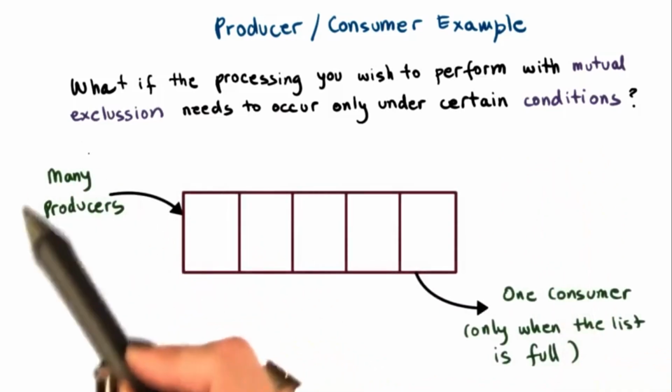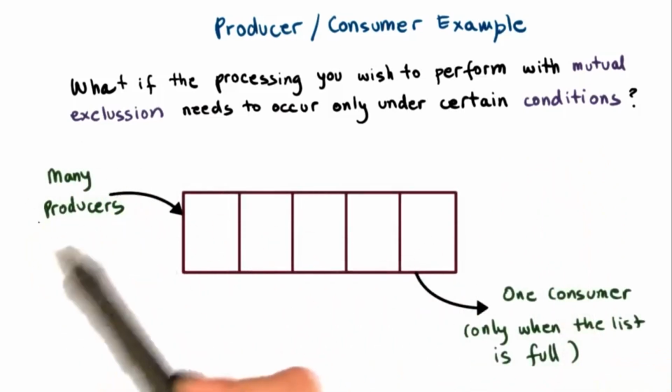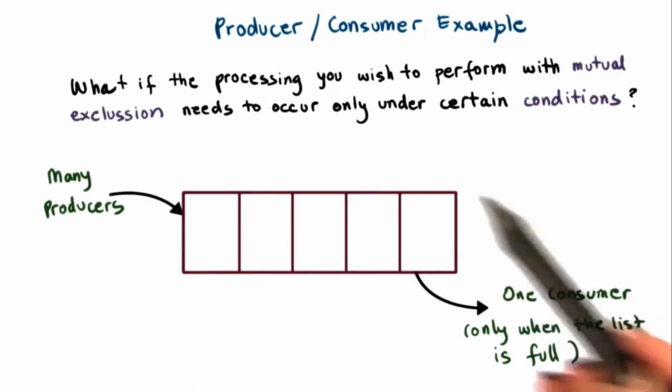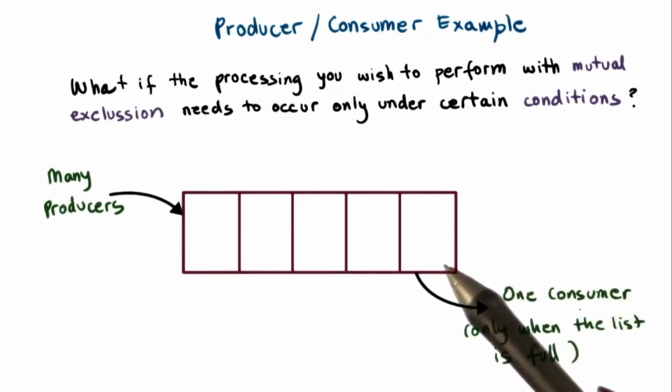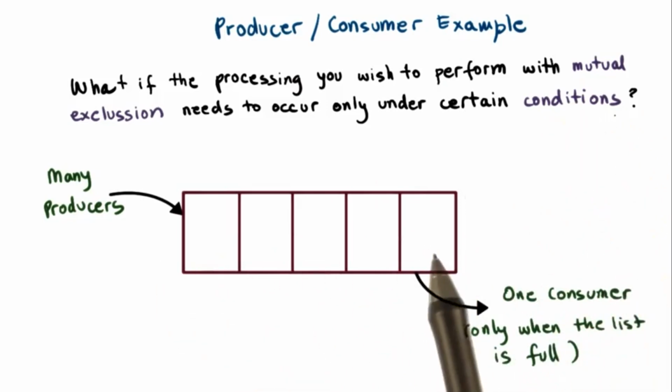For instance, what if we have a number of threads that are inserting data into a list? These are producers of list items. And then we have one special consumer thread that has to print out and then clear the contents of this list once it reaches a limit, once, for instance, it is full. We'd like to make sure that this consumer thread only gets to execute its operation under this condition, when the list is actually full.